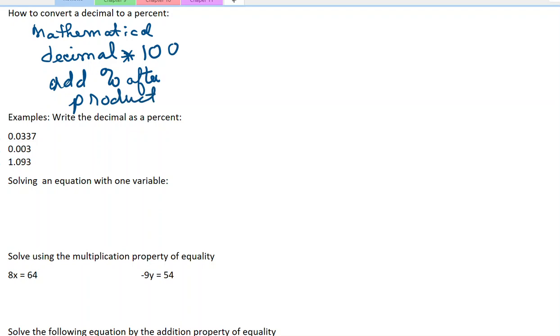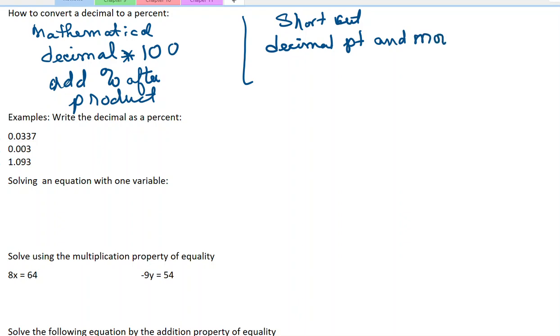All right. If we do it by shortcut, we get the decimal, and move it 2 places to the right this time.